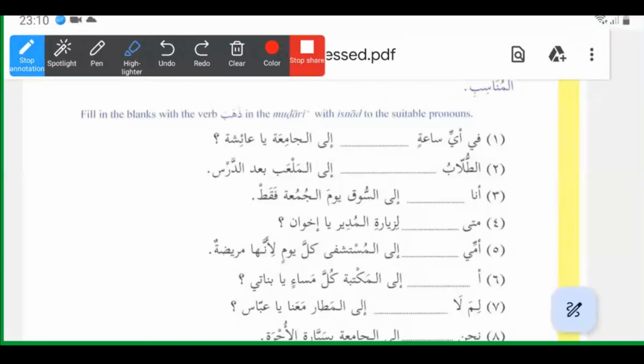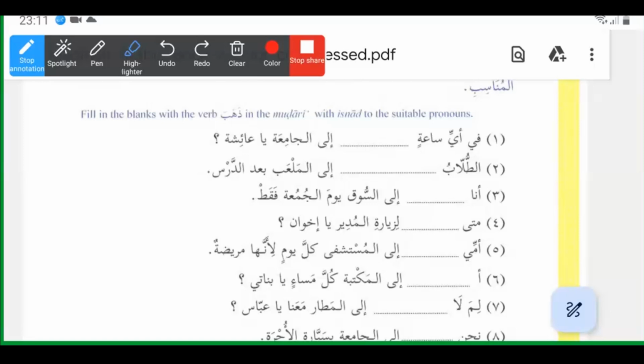Now here we have the first example: في أي ساعة dash إلى جامعة يا عائشة. At what time? It means at what time you are going, or you go to the jamia, you go to the university.